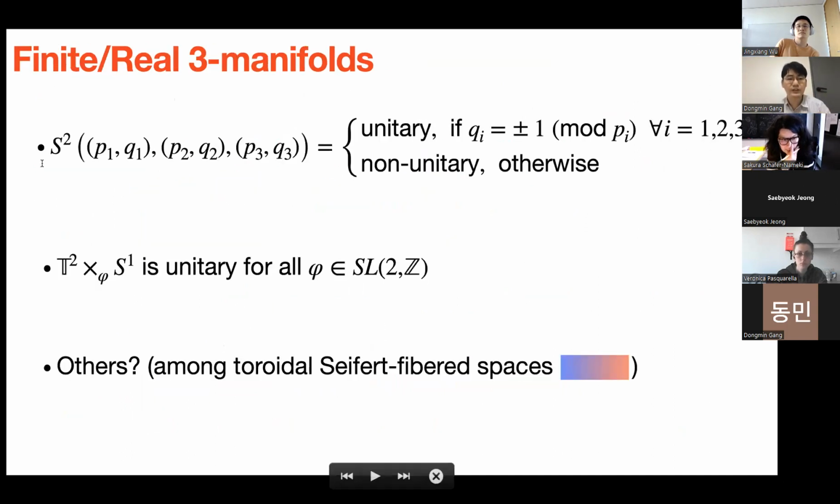So let me give concrete examples of finite and real 3-manifolds. For the Dehn surgery manifold, it is always finite and real in these cases, and it turns out that in these cases it is unitary, and in these cases it is non-unitary. And the other example is always finite and real and always unitary for every arbitrary knot. And we expect there are some examples of finite and real 3-manifolds from these mysterious classes, but we haven't studied them yet.